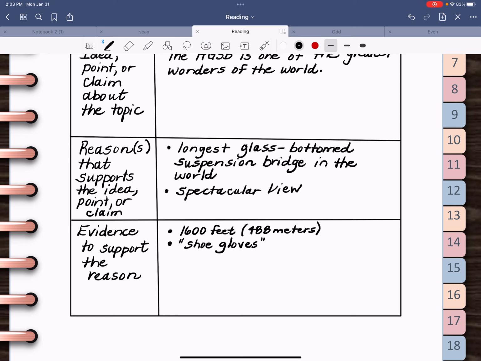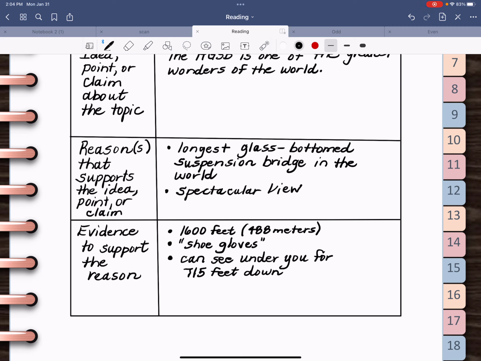So what evidence is there that there's a spectacular view? You can see what's under you for 715 feet down. Now, a mile is 5,280 feet.